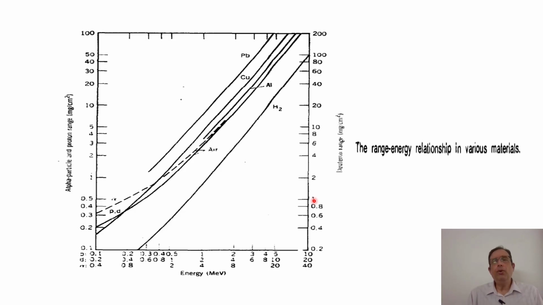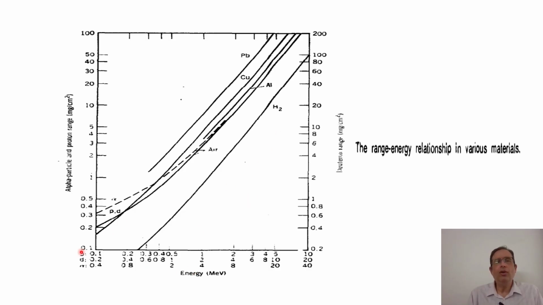So if you plot the range energy relationship, that is, with energy, if you are plotting the actual range or the path length of the heavy charged particles, then you can see here for air, H2, aluminium, copper or lead, different materials, what is happening with energy: the range is increasing.